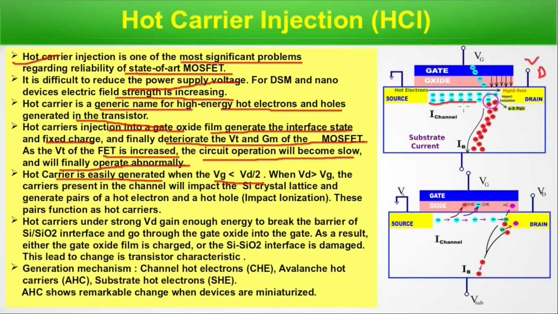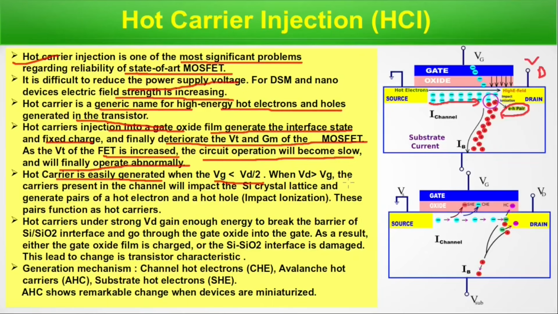The more they go towards drain, the field is higher, so their acceleration increases. Their impact with the lattice creates electron hole pair. Here, electron hole pair created. Those electrons are attracted here. If its impact is in oxide, it will move through the gate oxide layer, and the holes are attracted toward base.